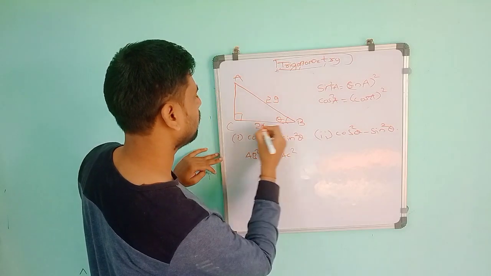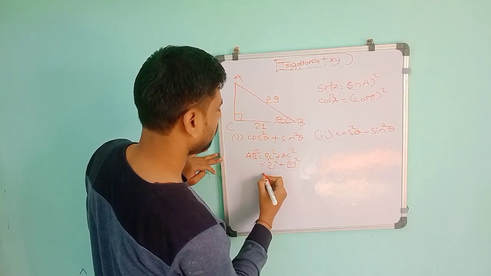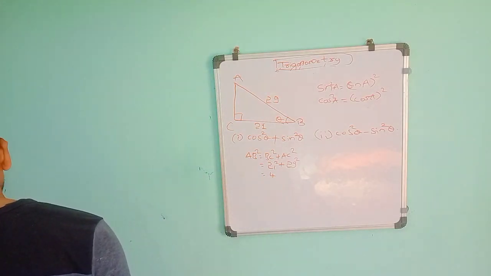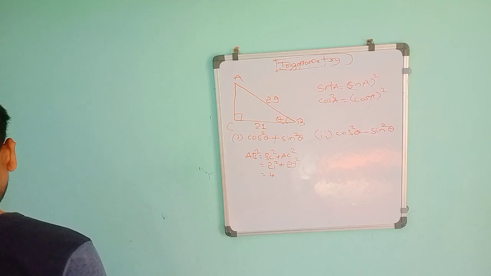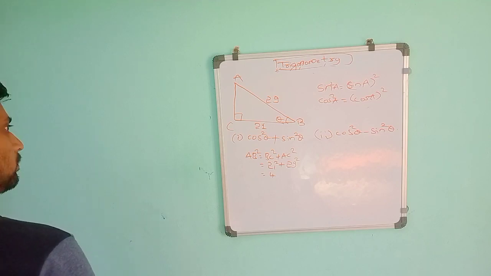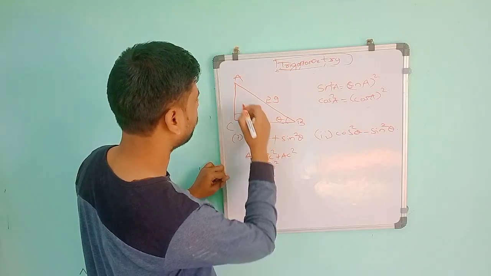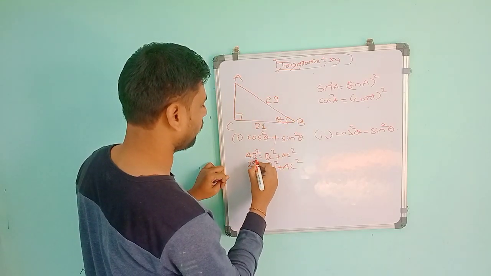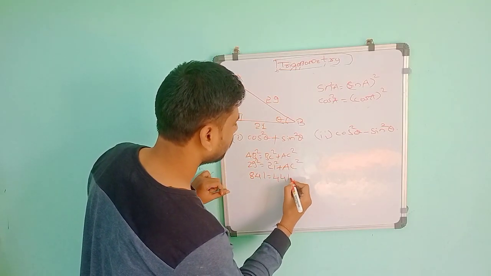AB is given as 29, so 29 square is 841, which is equal to 21 square, 441, plus AC square.